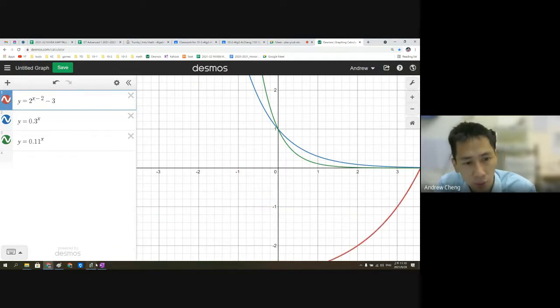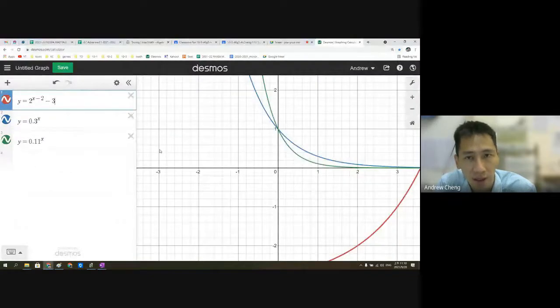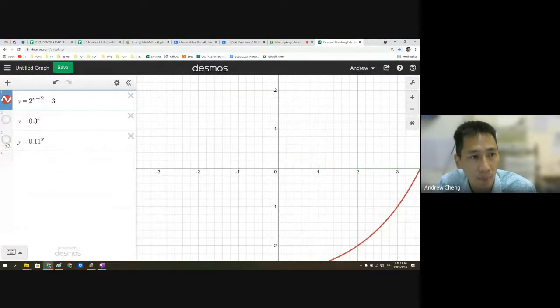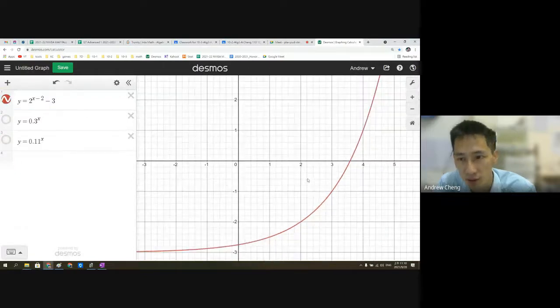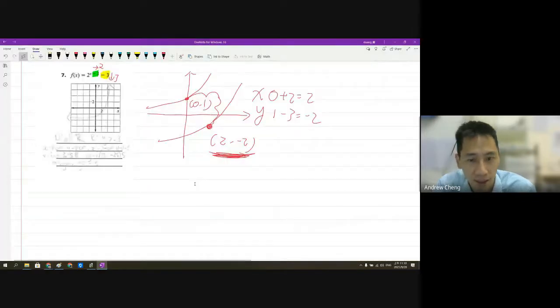Yes. So it goes to the point (2, -2). Let me finish quickly. The domain remains the same. For y, because you shift down, it's minus 3.